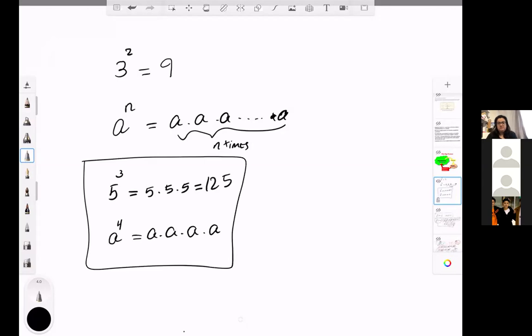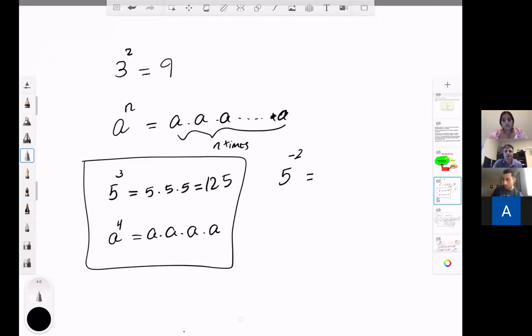Any question here? That's the property of exponent. But the question is, if I ask you what is 5 to the power of negative 2, how many times should I multiply 5 by itself? Twice. So if I multiply twice, I get 25.